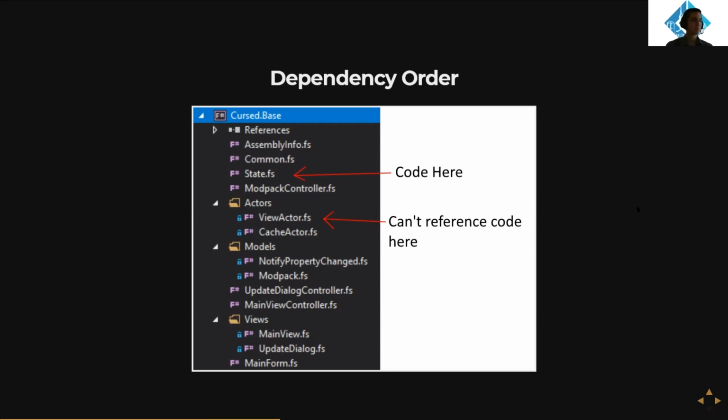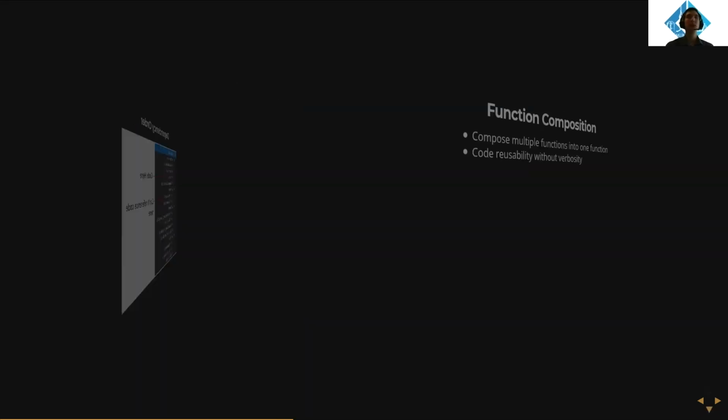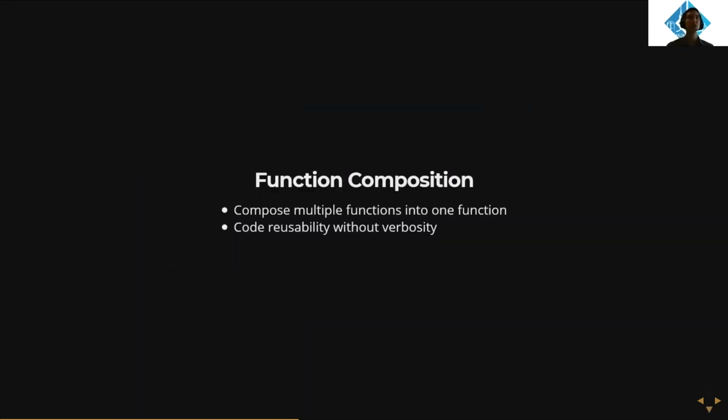Okay, so I'm going to move on then into just other general functional paradigm concepts. So I'm going to talk more about function composition. This is essentially the idea that you can combine two functions together to make a new function.